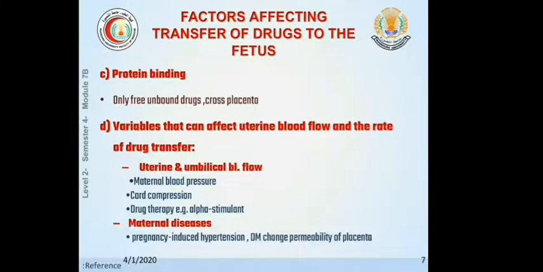The third factor affecting the transfer of drugs to the fetus is protein binding. Highly protein-bound drugs don't cross the placenta. Only the free unbound drug can cross the placenta.